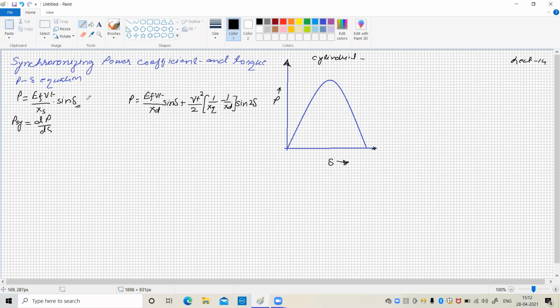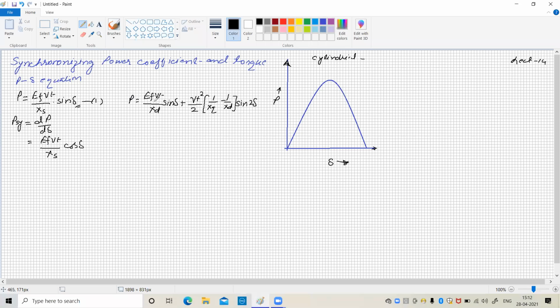So if you differentiate equation number 1, it is nothing but EF Vt divided by XS into cos delta, isn't it?